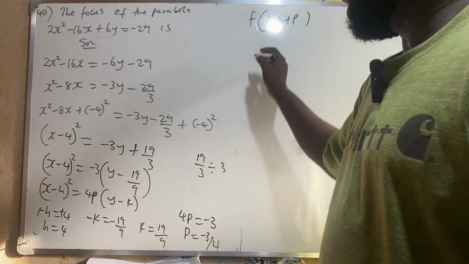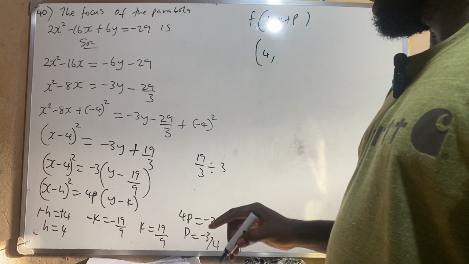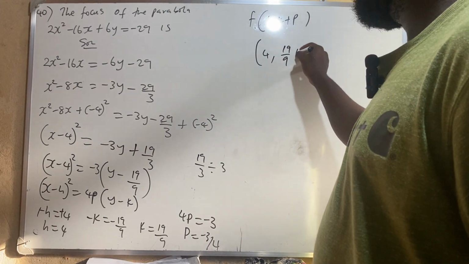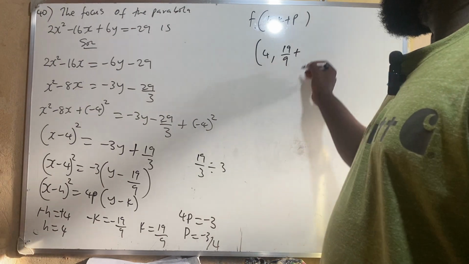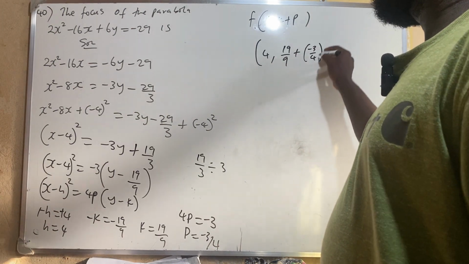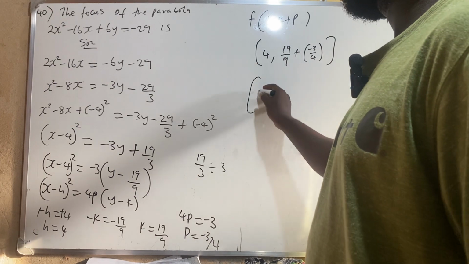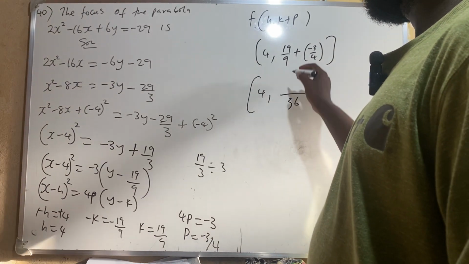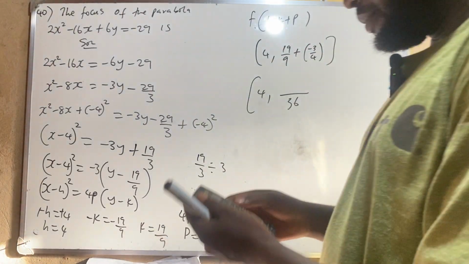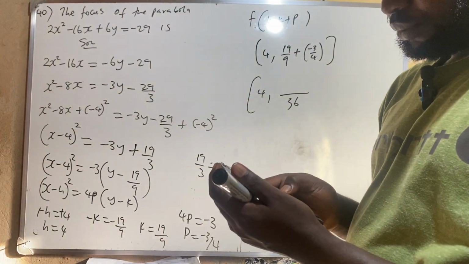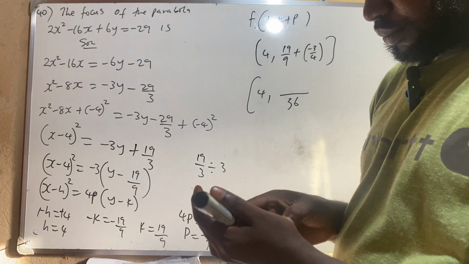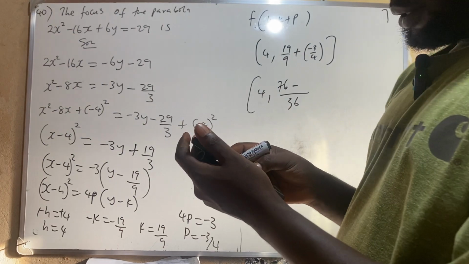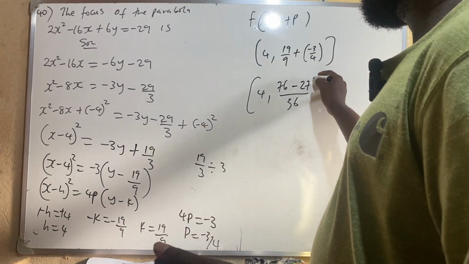Okay, so what is my H? My H is 4, in bracket my K. My K is 19 over 9 plus my P. My P is what? Minus 3 over 4. So if you do that, you're going to have 4 comma, LCM here is 36. 4 times 19, 76. 76 minus 27.